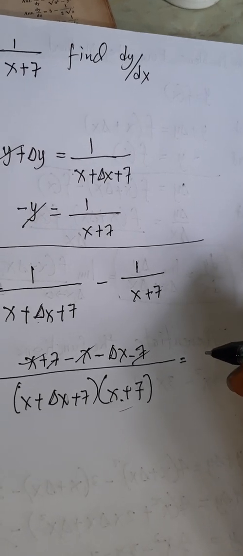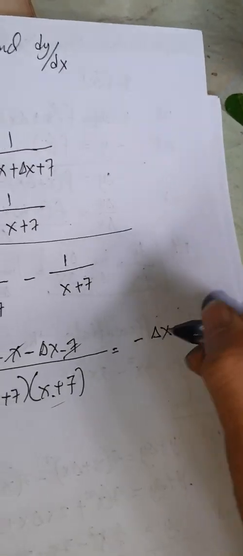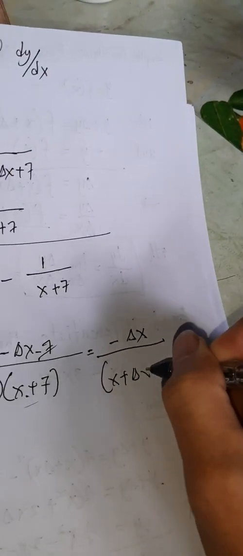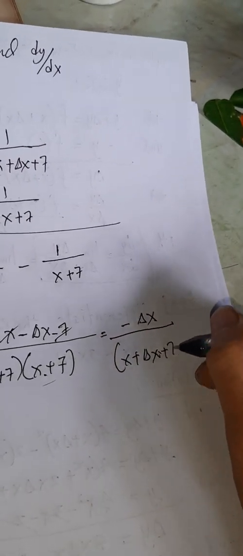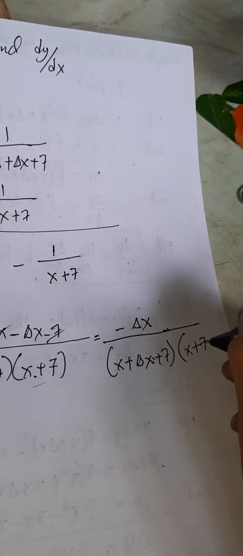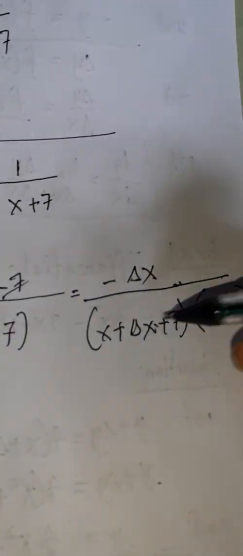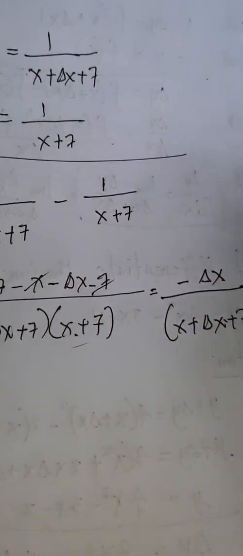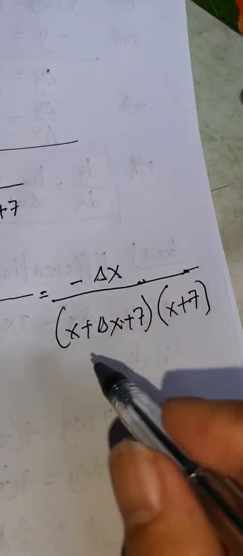Kaya matitira na lang is negative delta x divided by x plus delta x plus 7 times x plus 7. Hindi naman natin kailangan i-multiply ito. Hayaan na lang natin siya as factored form.